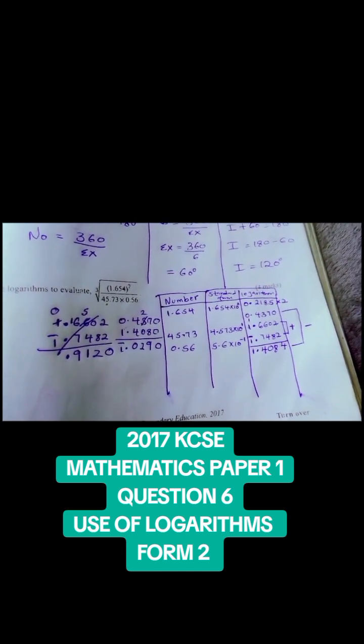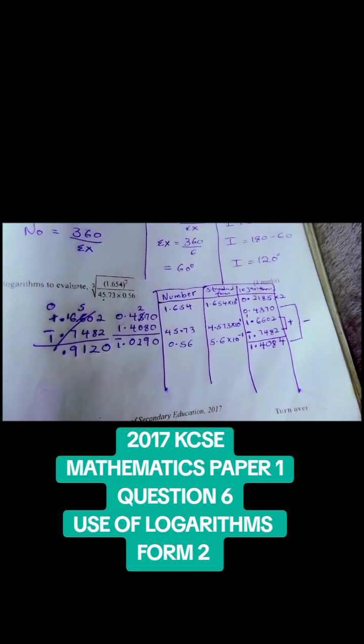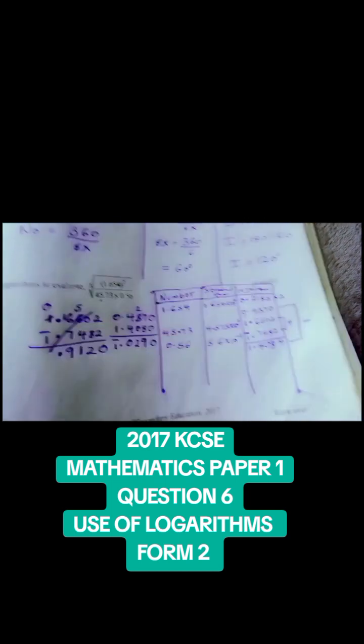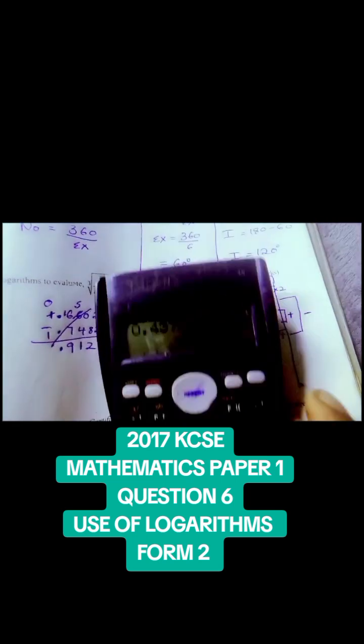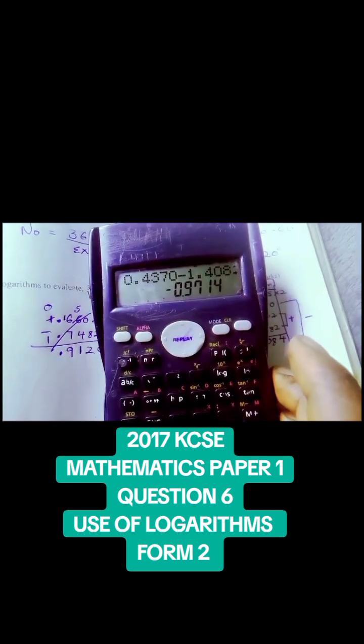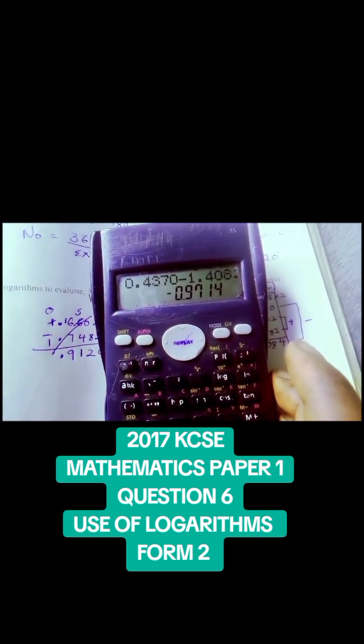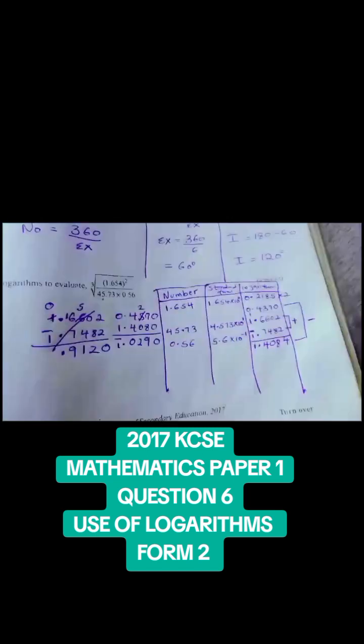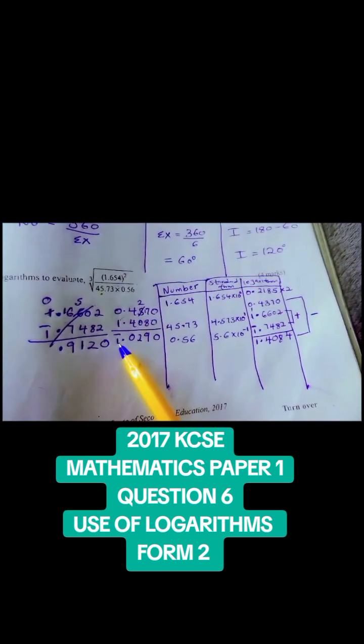Using the calculator, it is negative 0.9714, which is very different from what we are getting here. So kindly avoid using the calculator at this point.